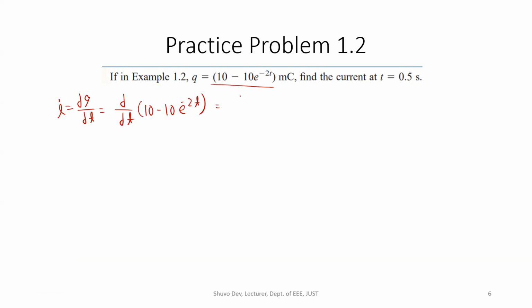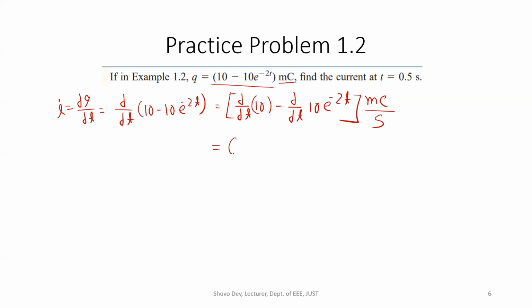So using the formula of differentiation, we have to separate both of them. So it will be like this, 10 e to the power minus 2t. So what will be the unit? The unit of charge is millicoulomb, and then here is second, millicoulomb per second. Now what will be the differentiation of this constant term?